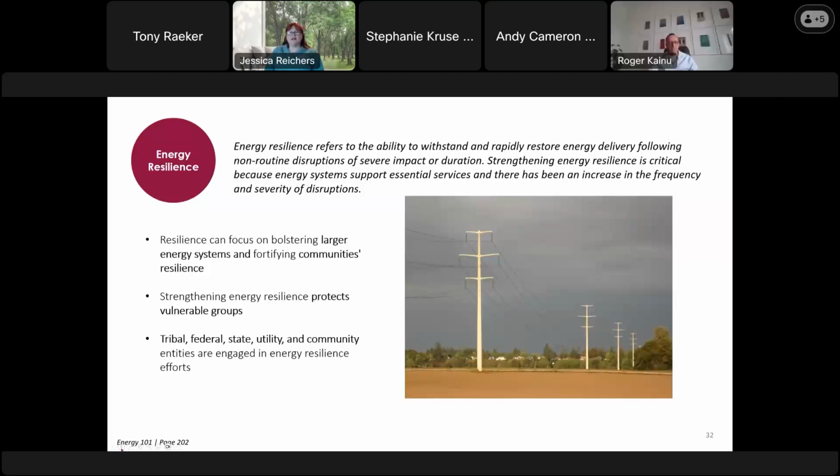It's important to note that increasing energy resilience, either across a larger energy-wide system or for communities, also helps ensure more equitable protection from energy disruptions, because some groups are more vulnerable to these disruptions and have fewer resources to bolster their individual resilience.